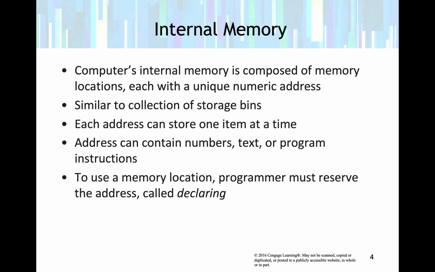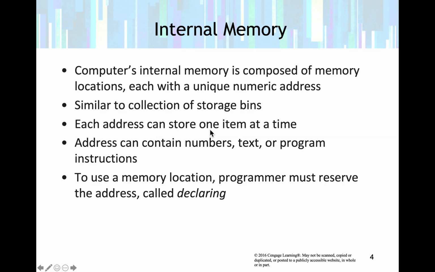So let's talk about internal memory. The computer's internal memory is composed of memory locations, each with a unique numeric address. We're going to talk about memory so you can understand it if you've never understood what memory is like. Each memory location has an address, similar to a collection of storage bins.